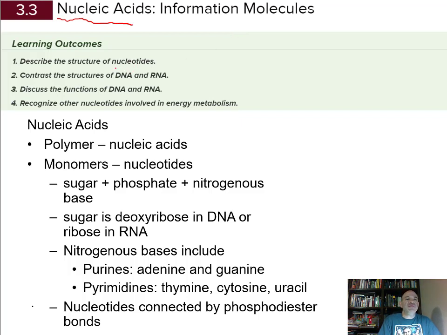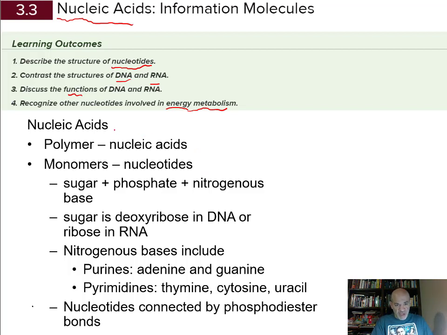We're going to look at the basic structure of the monomers called nucleotides, then look at similarities and differences between DNA and RNA, and their functions, and then recognize some other kinds of nucleotides that are involved in transferring energy, which would be an entire other chapter, when we get to all those times we talked about mitochondria being the powerhouse of the cell. In this case, we're going to look a little more closely at these molecules that do carry energy.